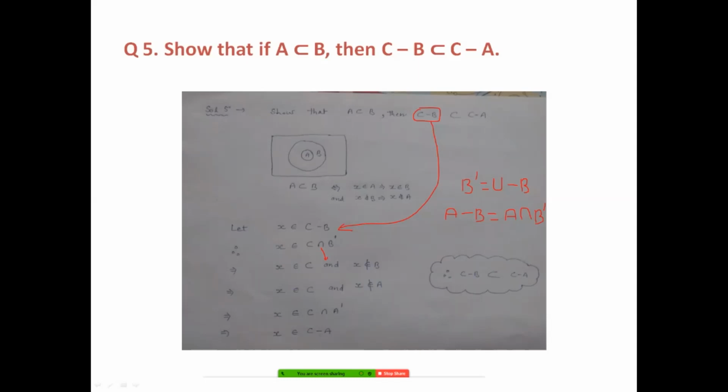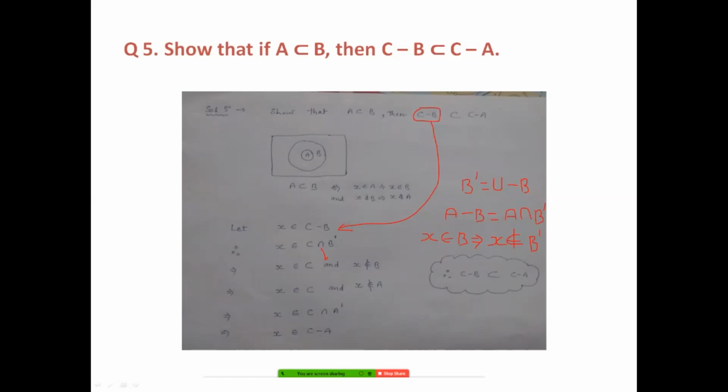So X belongs to C and X does not belong to B, because X belongs to B complement. So what we are saying here is X does not belong to B.